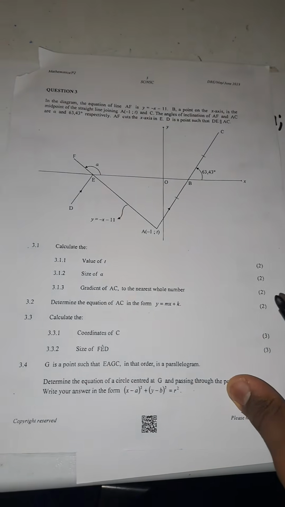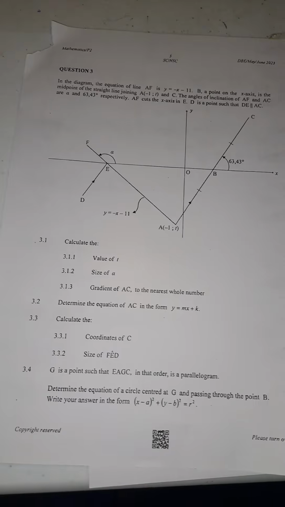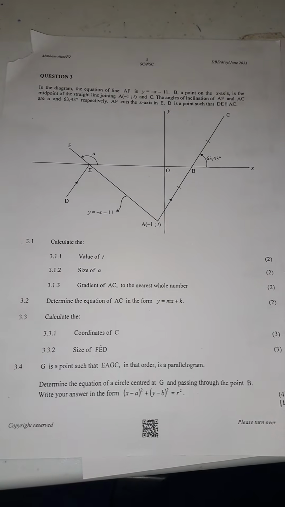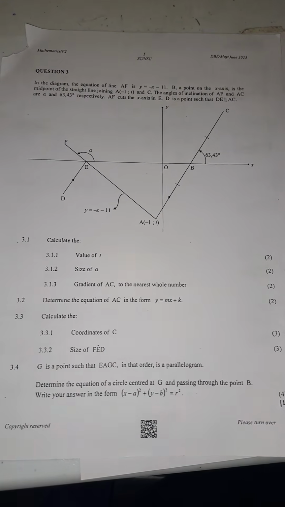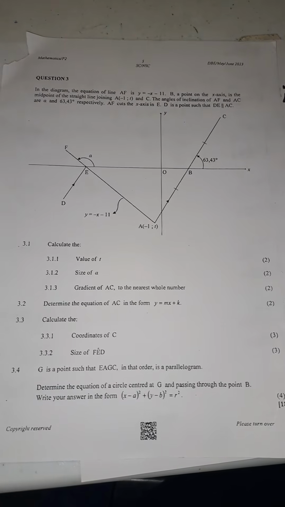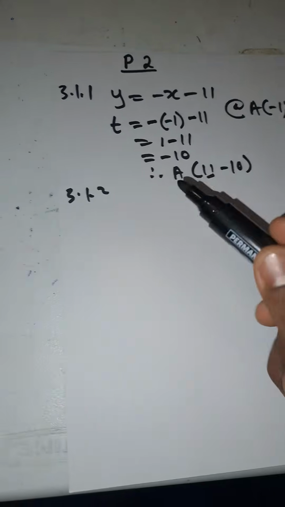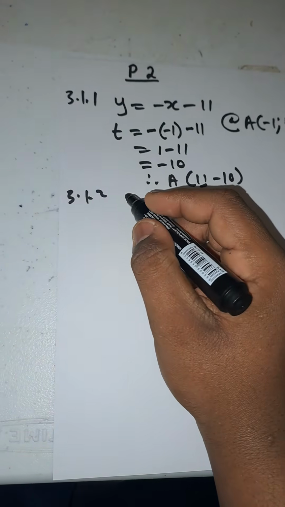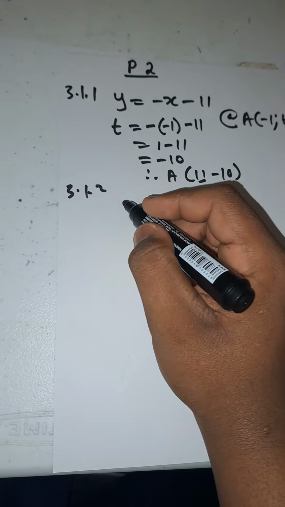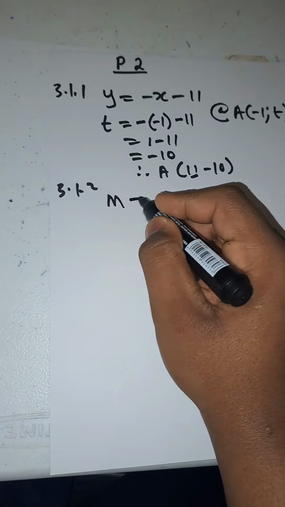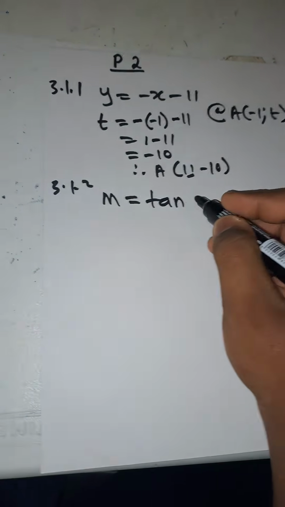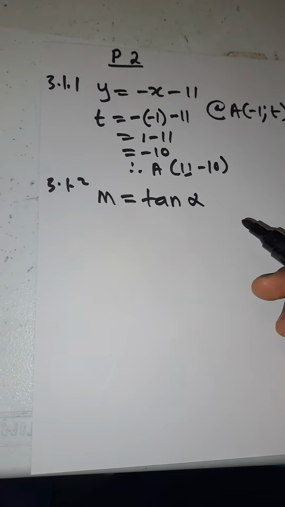Which means I'll get an angle greater than 90, because it is not an acute angle, it is an obtuse angle. So for you to do it, since they want alpha, you're going to say m equals tan alpha.